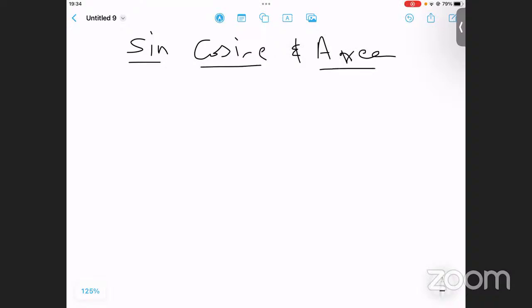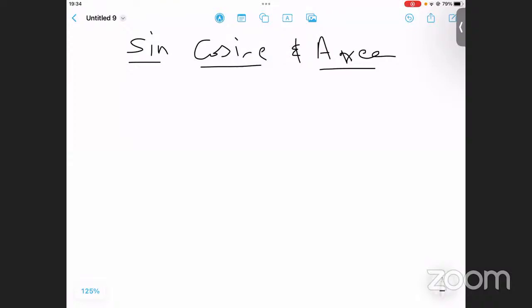Guys, if you remember, we've got the sine, the cosine, and the area rule. I just want to quickly give you guys a quick background, and then from there, if possible, we can look for an exam type of question paper, then we try to work it out.